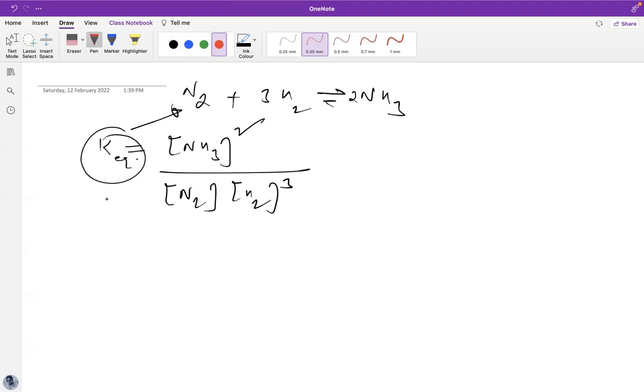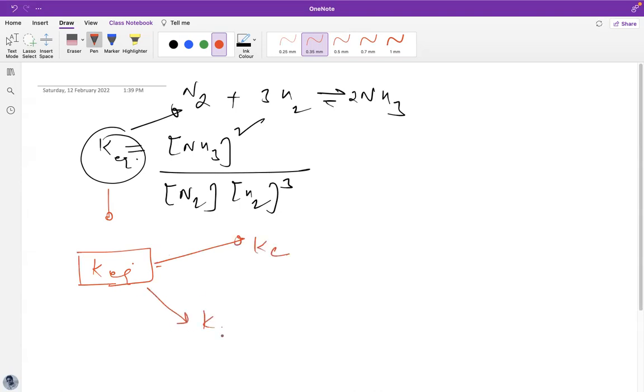And if you want to write the unit of K equilibrium, then listen, K equilibrium is also categorized in two categories. One is Kc and one is Kp.